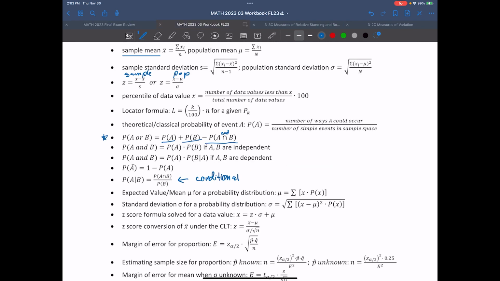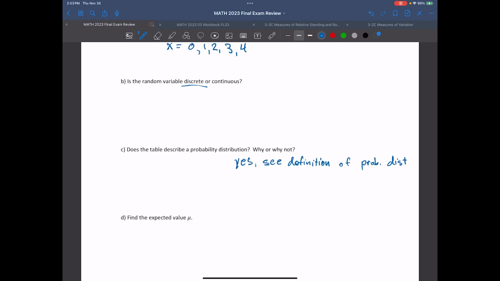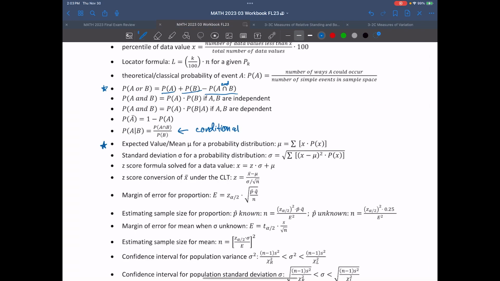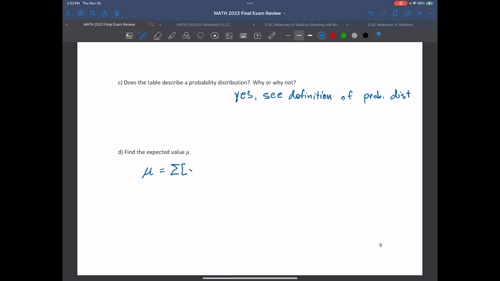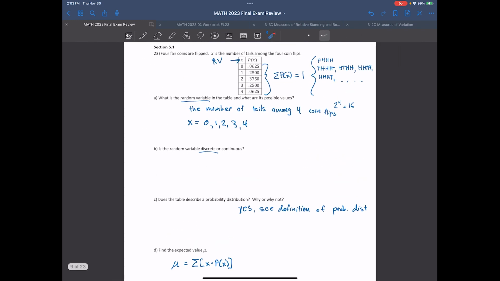So we do have the formula for an expected value right here. So this is the one we're going to use. And, well, it's a little bit of a computation. So it's going to be the sum of the, well, I'll just copy it exactly like we had here. So X times P of X. So you take each row of the table, what this is saying, take each row, multiply these numbers together, and then you just add them all up.